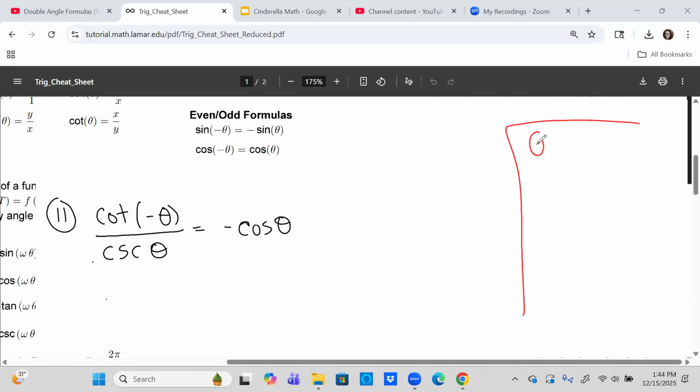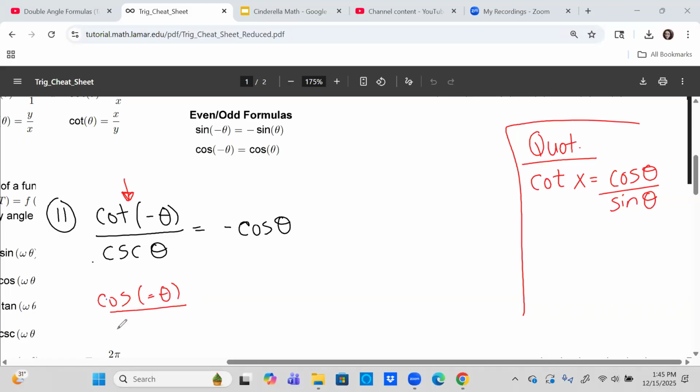On your sheet, if you come to quotient identities, or you might just have this memorized, cotan of some angle is cos over sine. So looking at ours right here, our top, I'm going to change our cotan into cos of negative theta over sine of negative theta, and then that's still over cosecant.